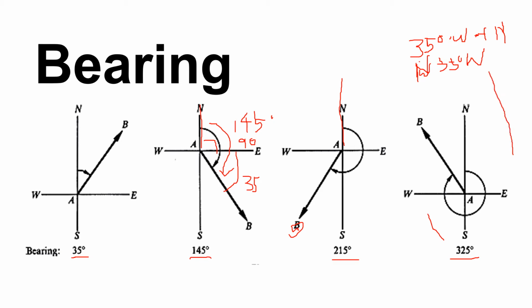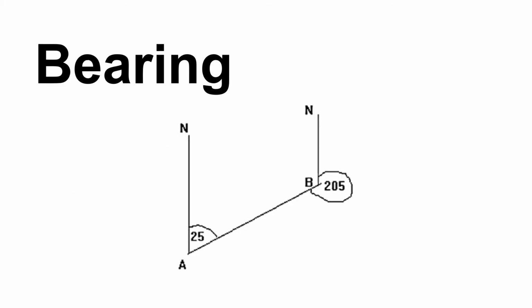So try to compare those two. Bearing is an angle measured clockwise from the north direction. So in this example, the bearing of B from A is 25 degrees, since it is from the north line.